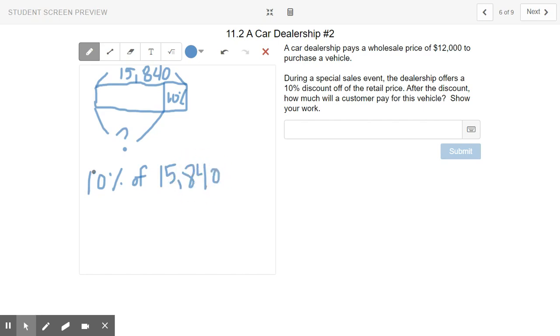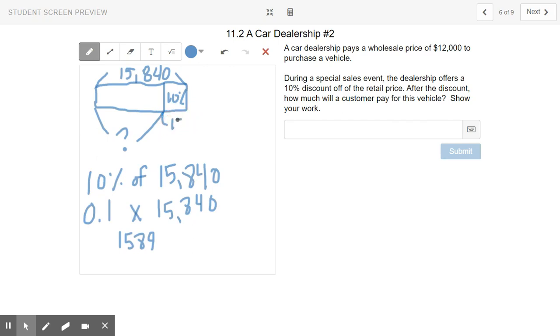And remember, that is the same thing as doing 0.1, since 10% of means times the amount, 15,840. Now, when you do this, you figure out that the discount, the 10% here, is actually $1,584. Okay, so that ends up being your 10% discount.